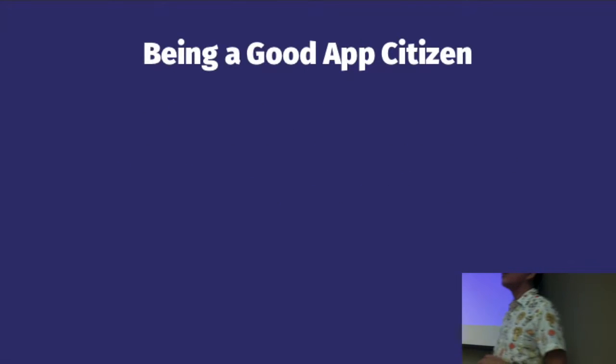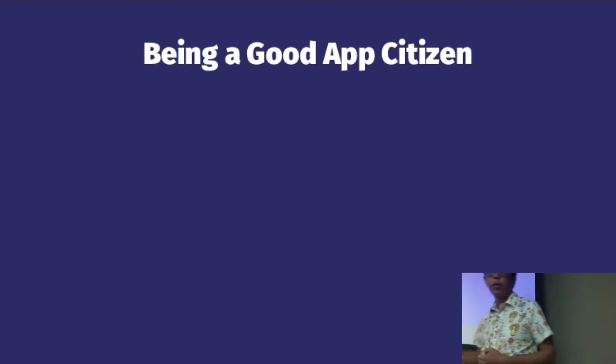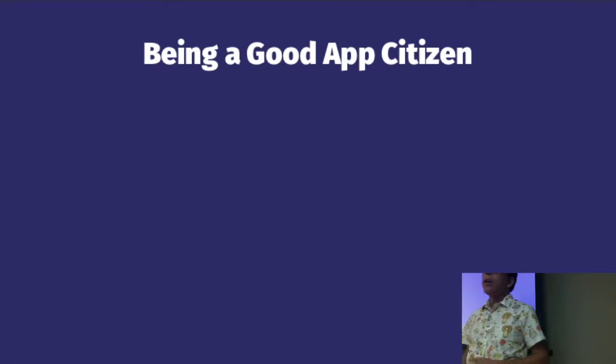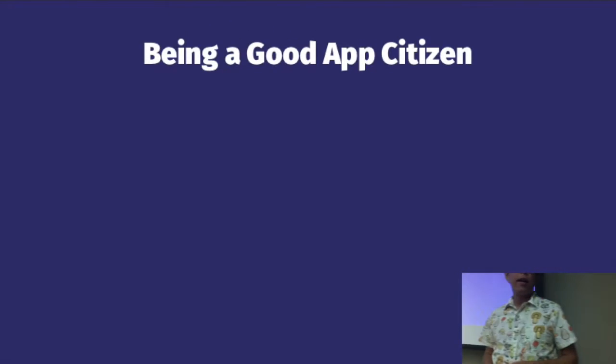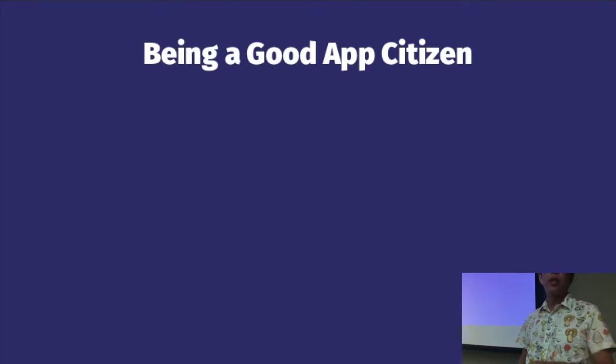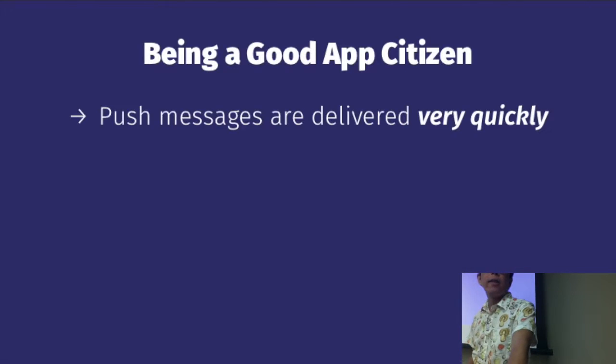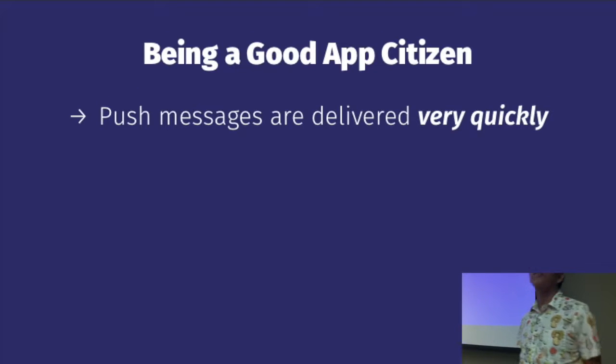When we do that sync, when the server says that there is new data, you want to be a good app citizen. If you think about a push message, the Firebase statistics that Google likes to tout is that they're delivering tens of billions of messages a day, 95% of them under a quarter of a second. And in practice, I've noticed that when I'm testing too.